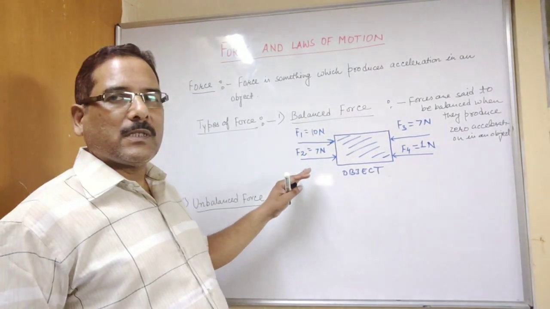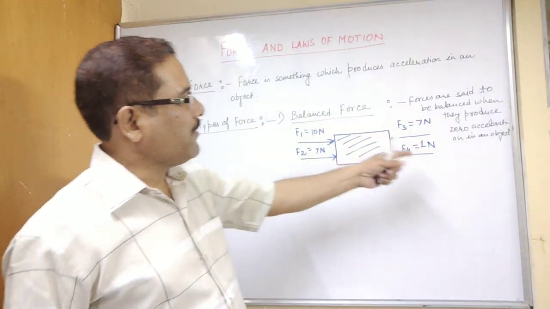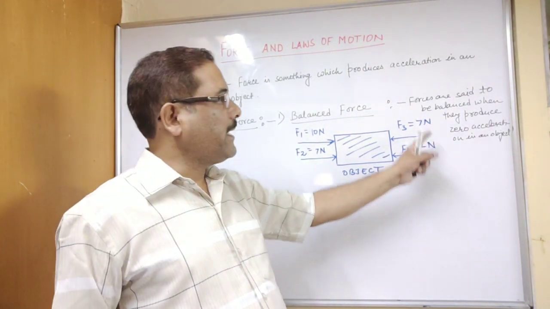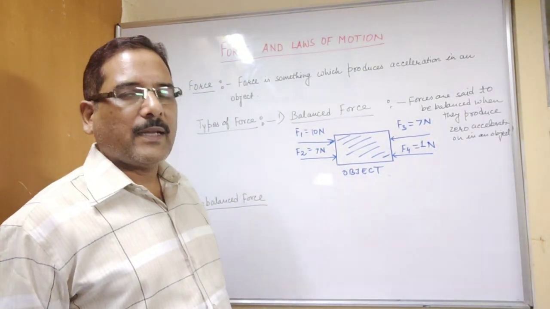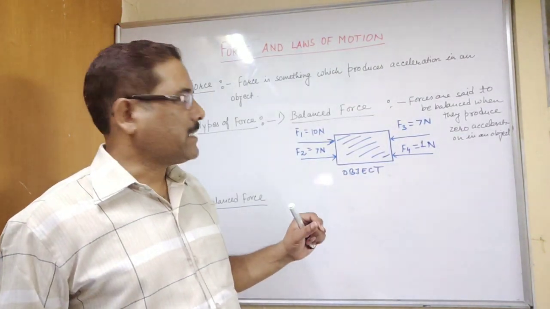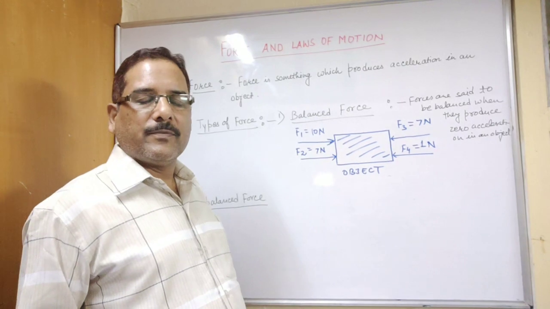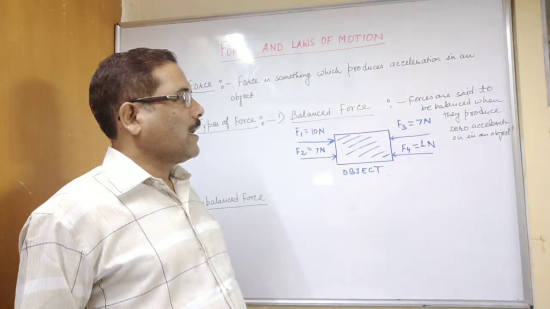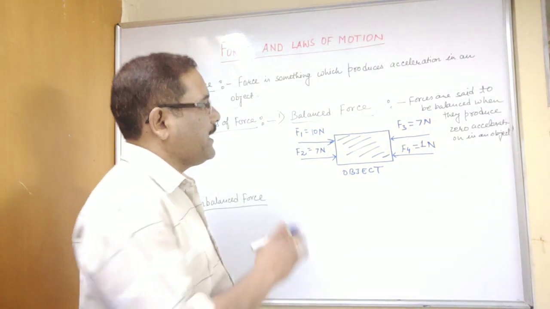If we add the forces on the left side, it will be 17 Newton. And if we add the forces on the right side, it will be 7 plus 1, 8 Newton. So there is a difference in magnitude of forces on the left and right side. 17 minus 8, so a force of 9 Newton.